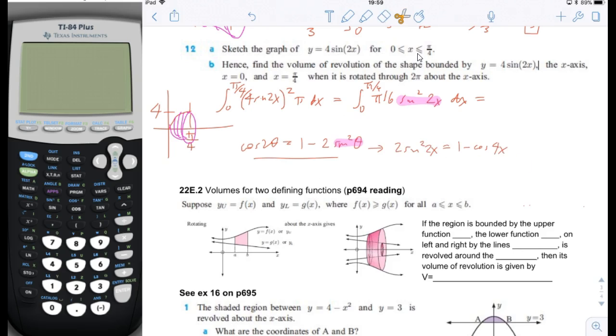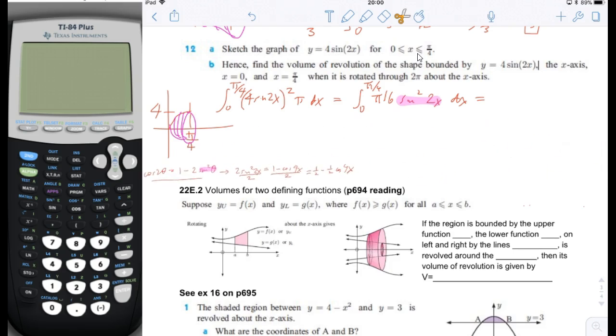Now the last step: the part that I need to substitute is sine squared 2x, not 2 sine squared 2x. So let's divide both the left side and the right side by 2. So sine squared 2x is equal to 1/2 minus 1/2 cosine 4x. That is my substitution.